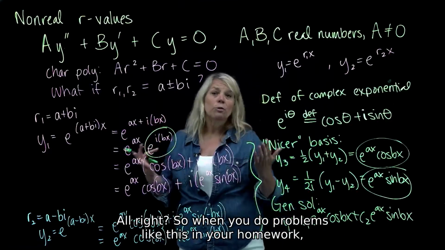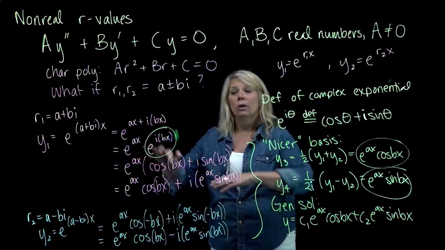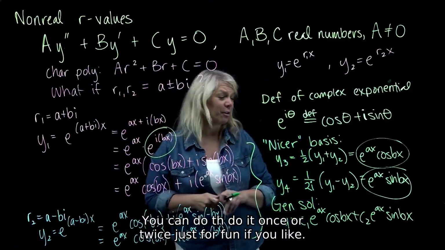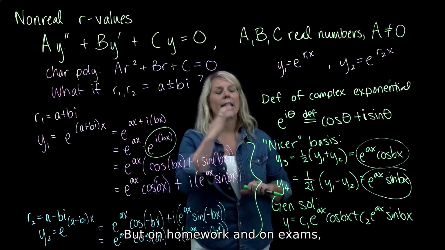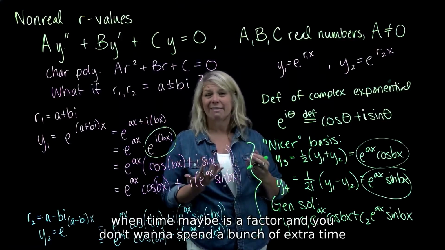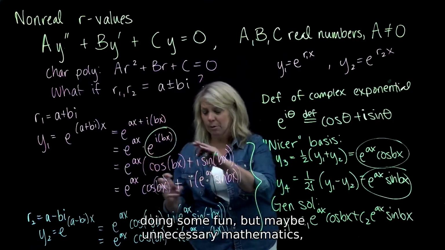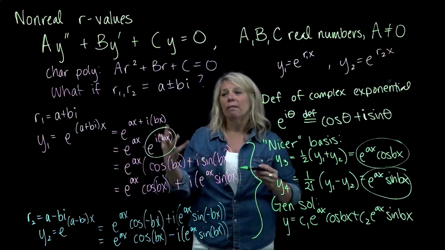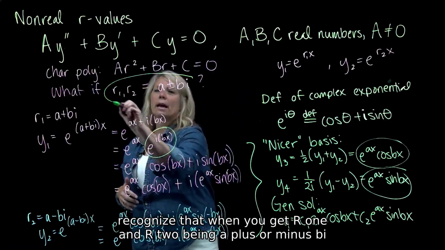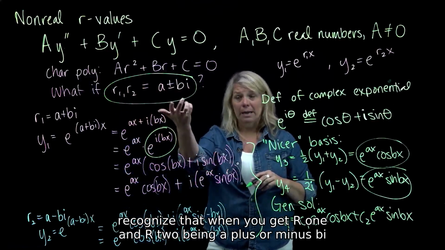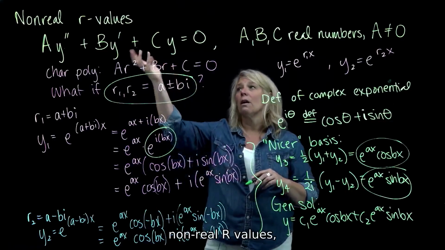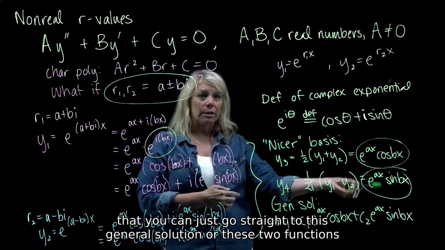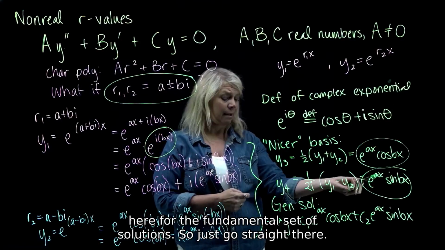All right, so when you do problems like this in your homework, do not go through all of these steps. You can do it once or twice just for fun if you like, but on homework and on exams, when time maybe is a factor and you don't want to spend a bunch of extra time doing some fun but maybe unnecessary mathematics, recognize that when you get R1 and R2 being a plus or minus bi, non-real R values, you can just go straight to this general solution or these two functions here for the fundamental set of solutions.